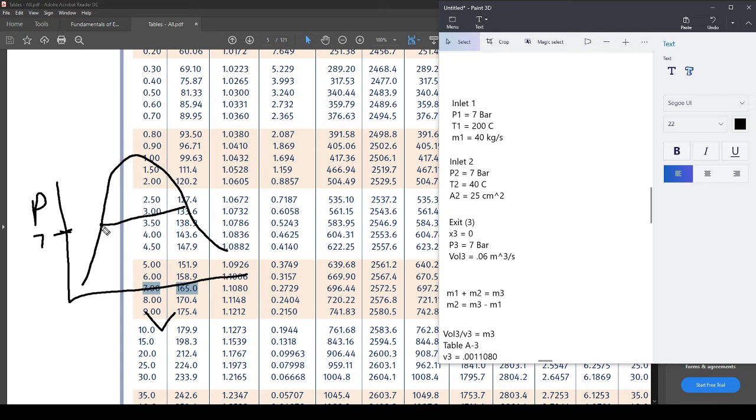If I know that the exit here is x equals 0, it's saturated liquid, and I know that the very first temperature, because this is how these look, our very first temperature was 200, right? So it was way over here and superheated. To get state, crap, I drew that wrong. This is supposed to be a 3.